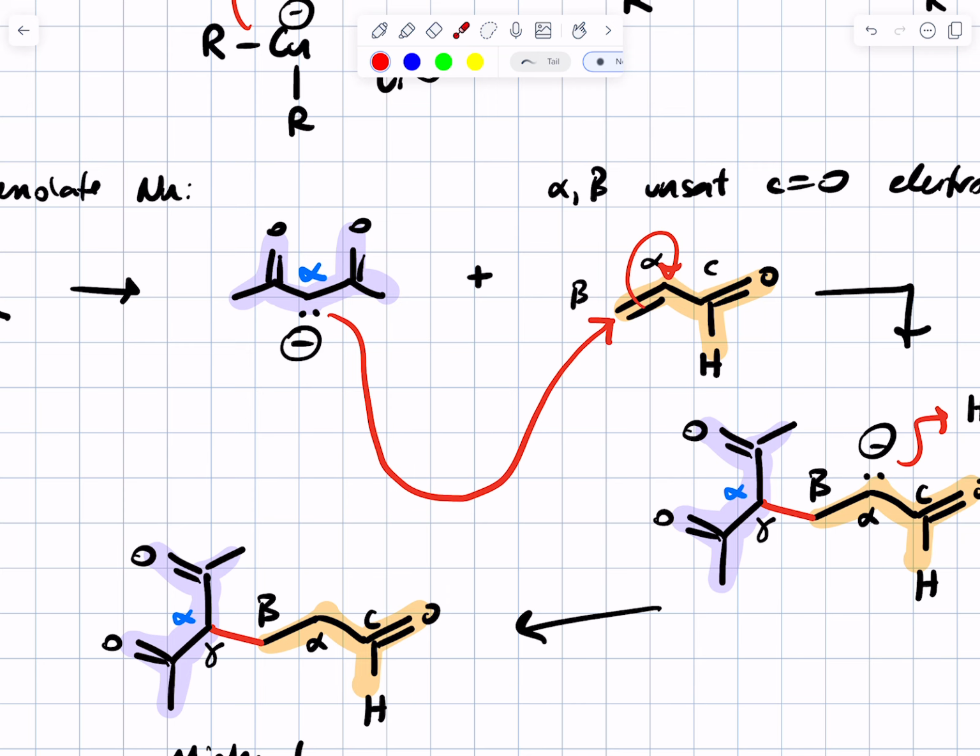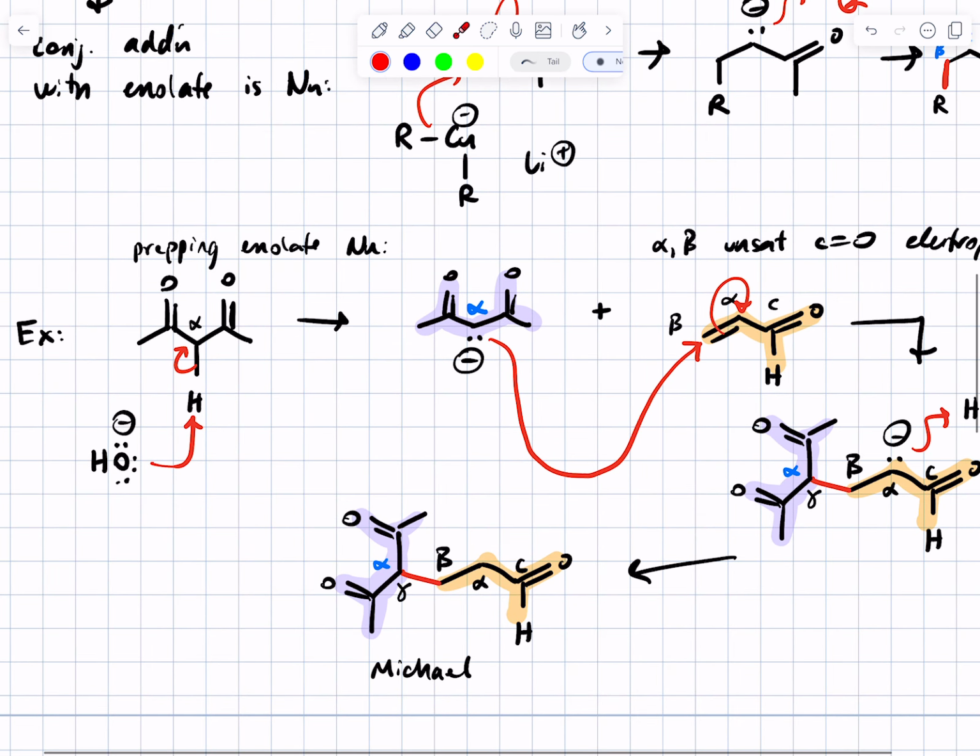Some other things that you might be worried about. You'll notice that I chose this alpha-beta unsaturated carbonyl compound so that there weren't any alpha protons here. I did that so you wouldn't worry about the possibility of your OH minus deprotonating at that alpha carbon.